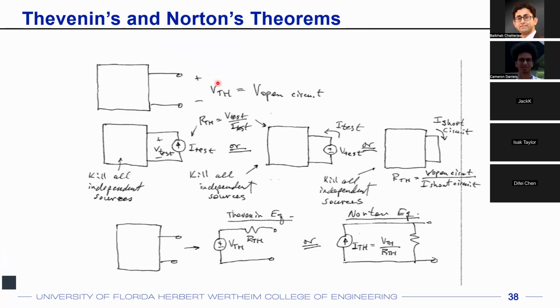For that, let's look at the diagram in the middle: you connect a test voltage at the output side, and you look at the current going into the black box from the output side. The ratio of your V test over I test will be your Thevenin equivalent resistance. So whatever voltage you connect here, you look at the current, and the ratio of that voltage to current gives you resistance, and that's the Thevenin equivalent resistance.